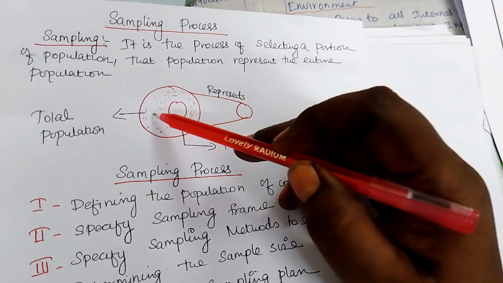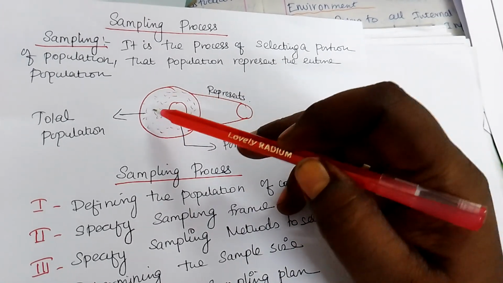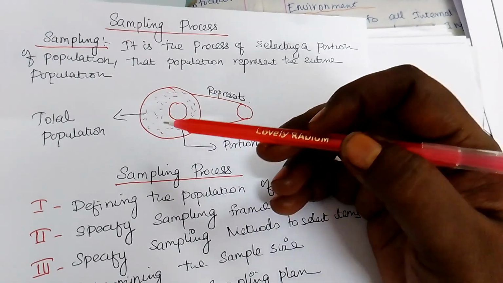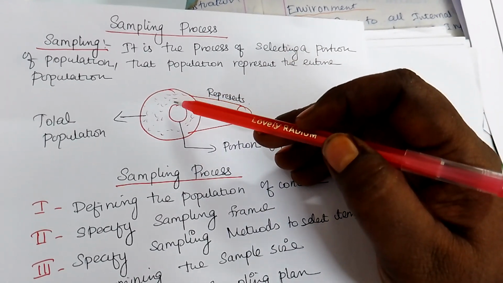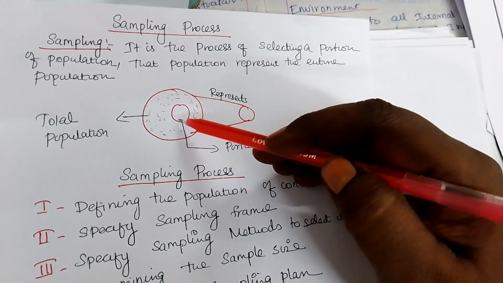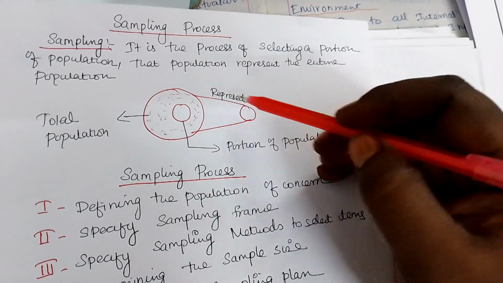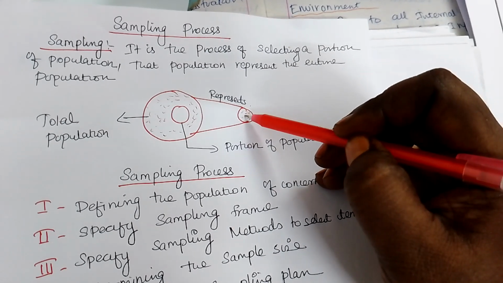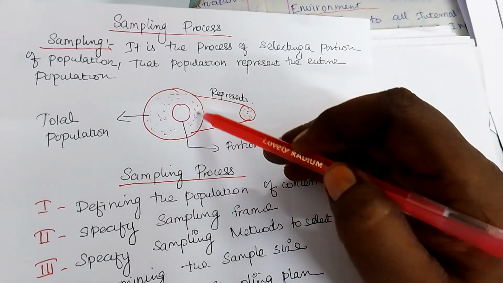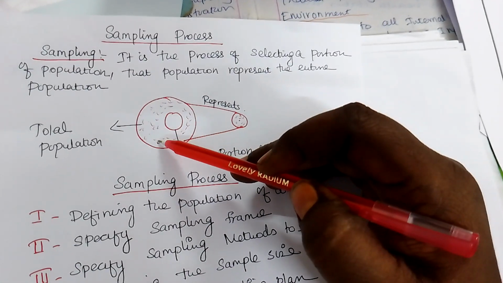So, the Bankura district has some lakhs of population, right or not? So I am selecting a portion of the Bankura district population and I study that particular population, and this population represents the total population of the Bankura district.